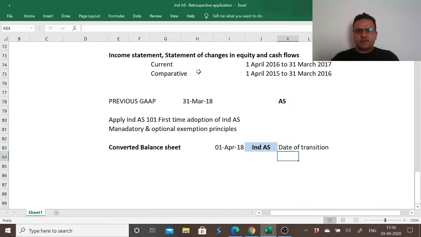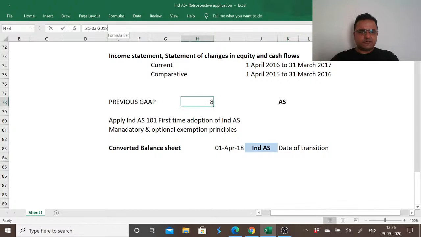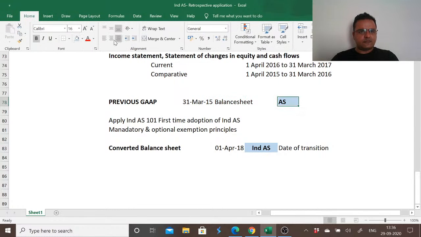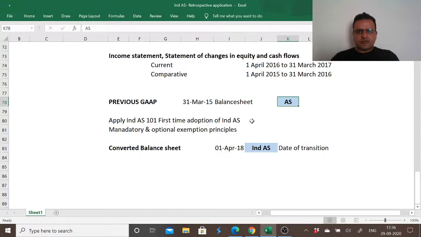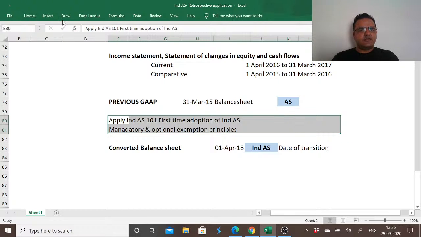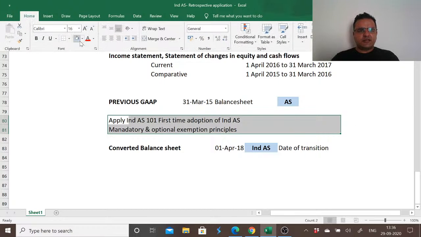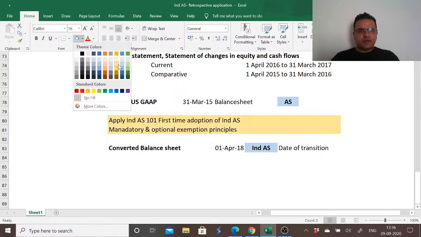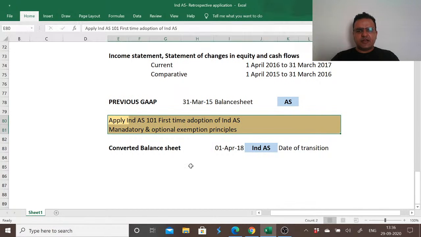In our example, it is 31st March 2015 that is the previous GAAP balance sheet which was already published. After we apply Ind AS 101, first time adoption of Ind AS, and apply these principles, we are successful in preparing a balance sheet which is the converted balance sheet based on Ind AS.